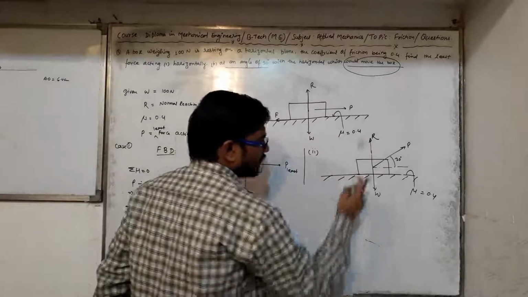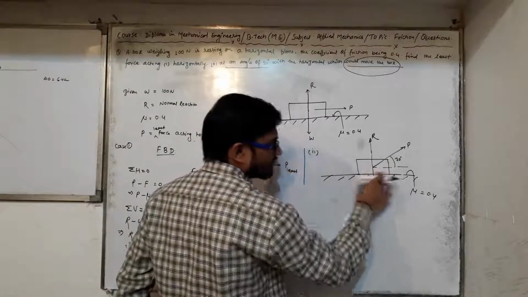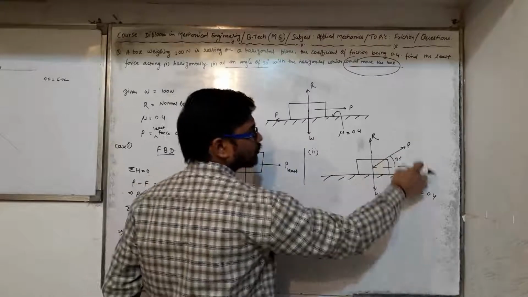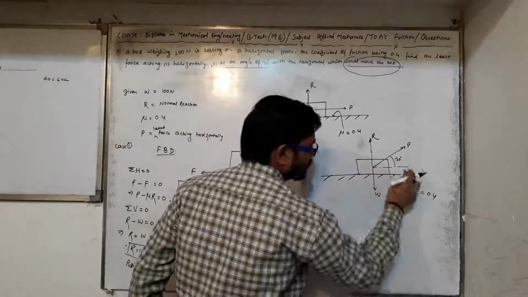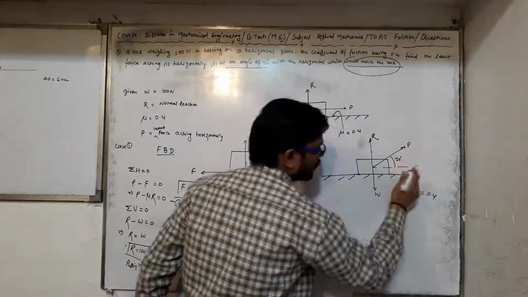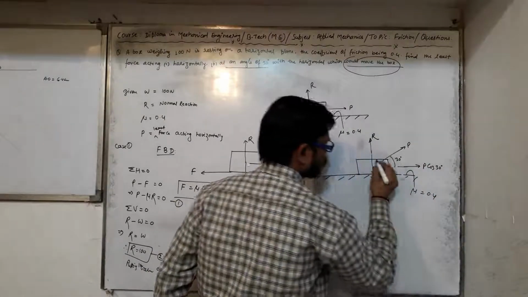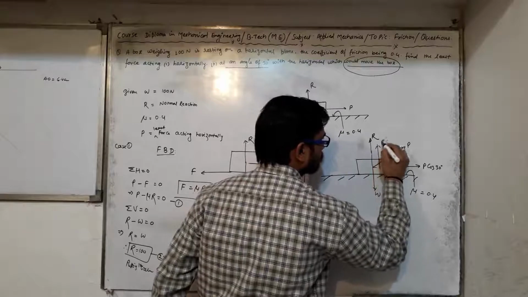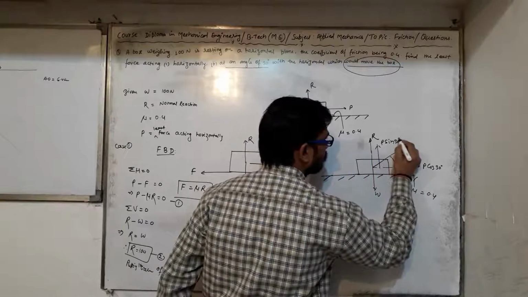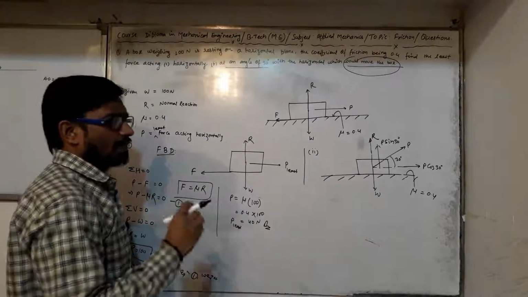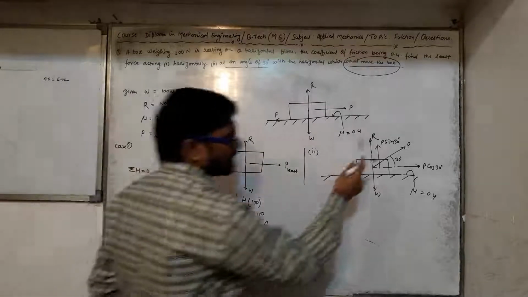So we have to resolve this force into two parts. One is horizontal, so its component along the horizontal direction is P cos 30 degrees, as you know, and in the vertical direction P sin 30 degrees.